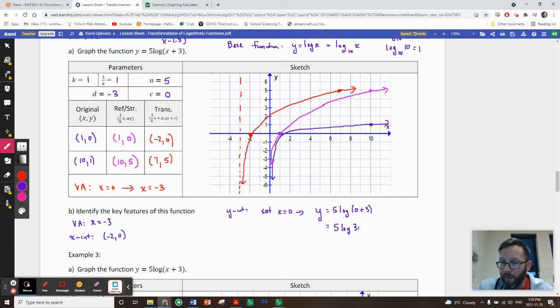Obviously, we don't really know that off the top of our heads, but your calculators do have a log button, and we can just get that approximately so we can check our graph. If you do 5 log 3, I got about 2.39. So (0, 2.39) definitely seems to fit with our graph.